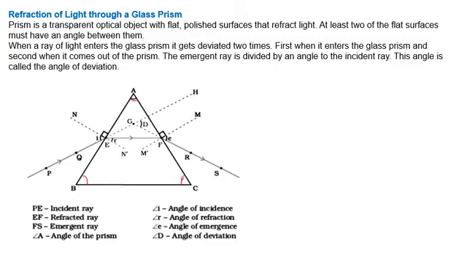This angle is very important to draw this diagram or to find out the refraction of light in the glass prism, right? So you have to draw one ray of light. This is a monochromatic ray of light, okay?